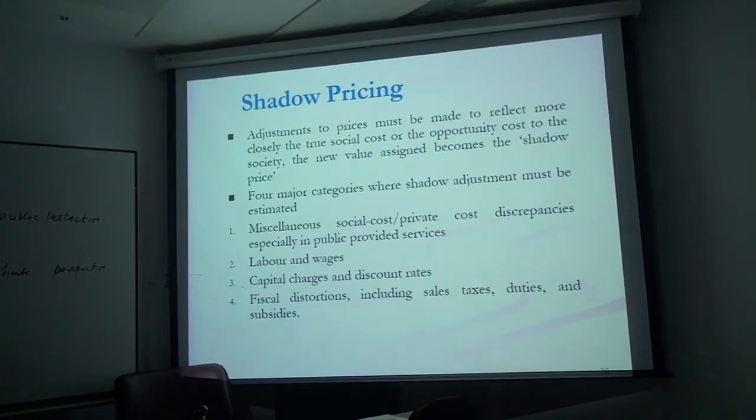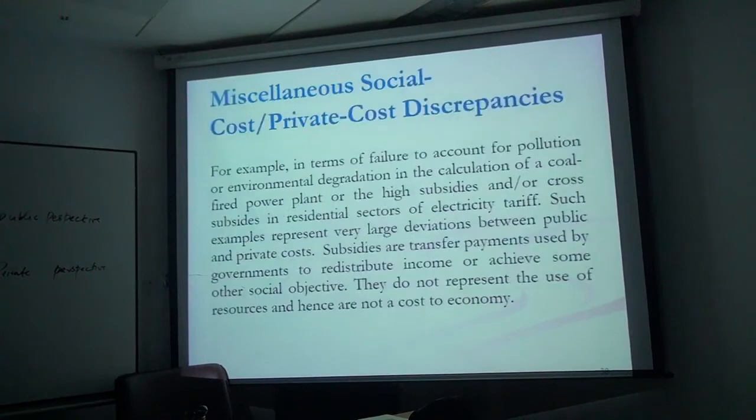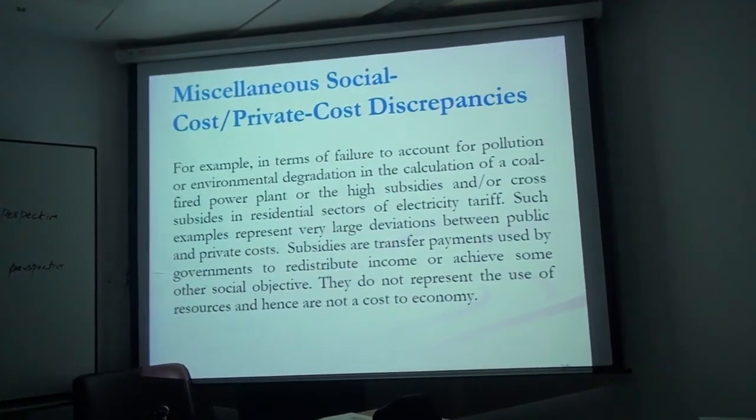So in the miscellaneous social cost and private cost discrepancies, for example, there is environmental pollution. To account for pollution or environmental degradation in the calculation for a coal-fired power plant, when you are comparing two technologies like a coal-fired power plant with respect to nuclear or some other alternative like gas turbines, you have to include the environmental costs in your calculations.